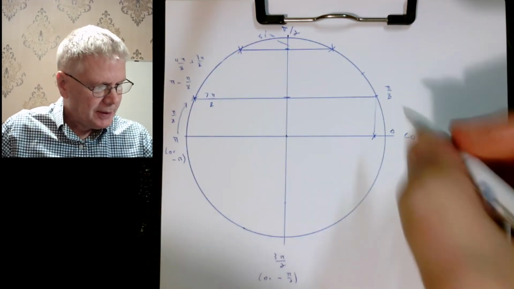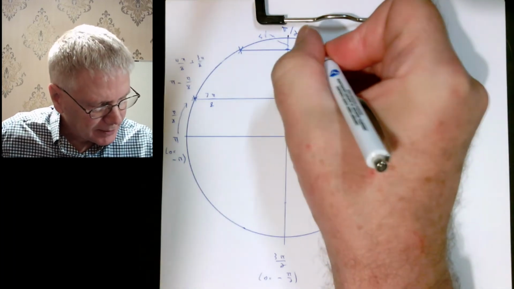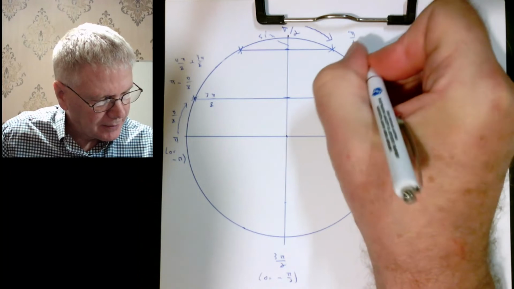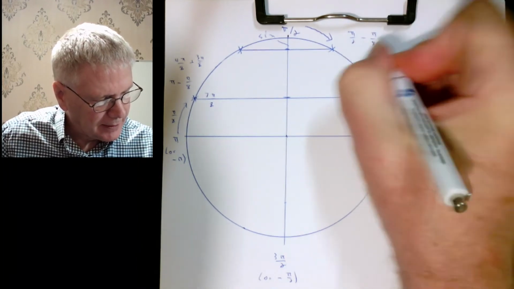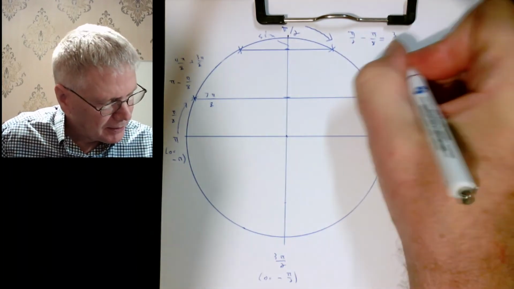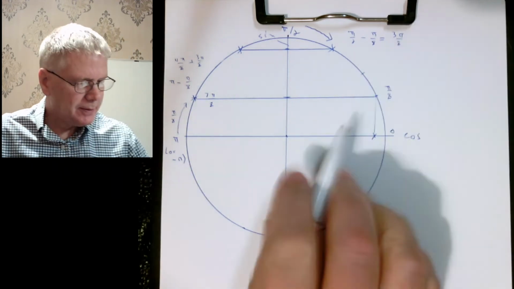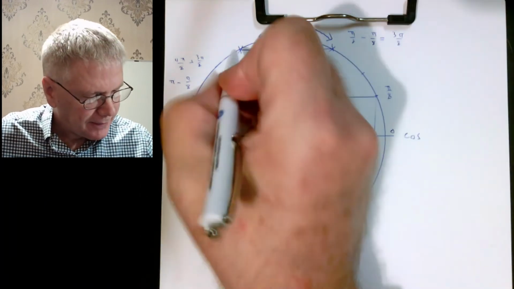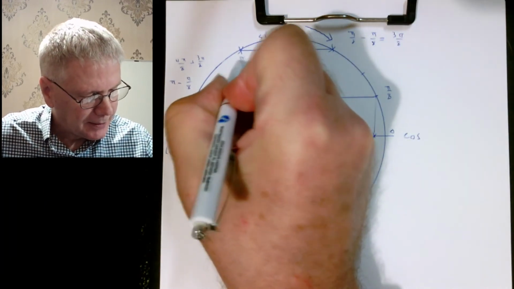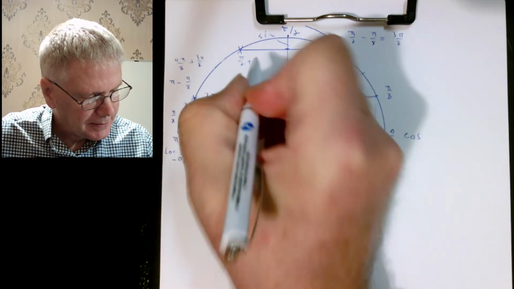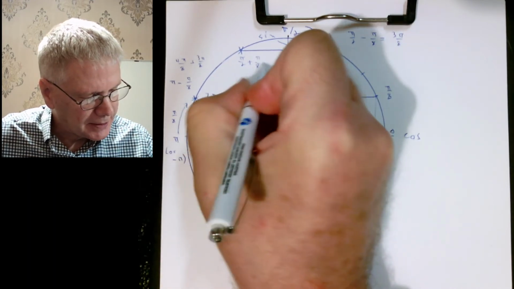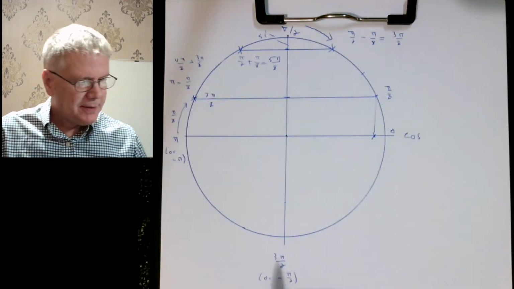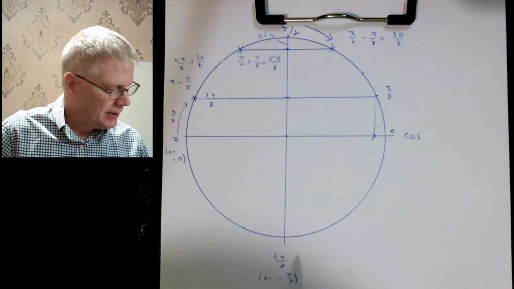Instead of going up pi over 8, I'm going to come down pi over 8, and this is pi over 2 minus pi over 8, which is 3 pi over 8. Or I could come up over here, where I have pi over 2 plus pi over 8, so this is 5 pi over 8. So I have two possibilities on the second one.